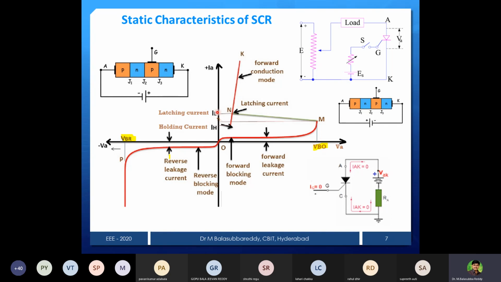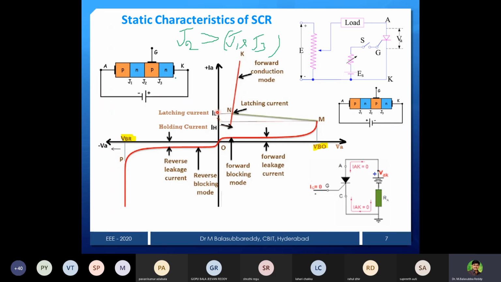When the device is in the forward bias condition, the width of the depletion layer, meaning the width at J2, is greater than the sum of the widths of junctions J1 and J3 during the reverse bias condition.